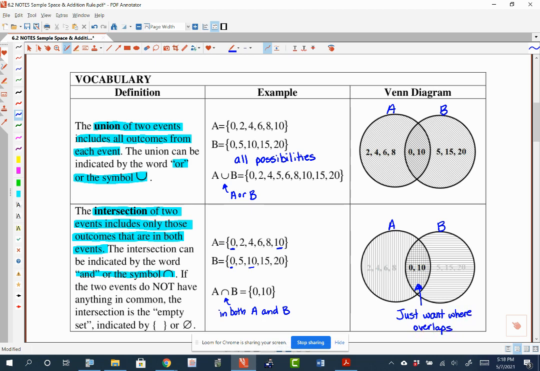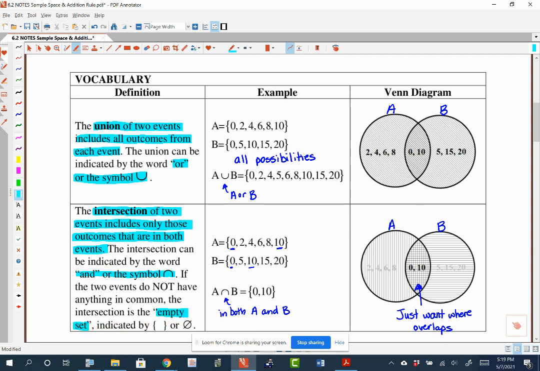So we could maybe see that two ways. So sets of data can be, we're looking for the union, all the possibilities. Maybe we just want the intersection, maybe what they have in common, but not always do they have something in common. So if the two events do not have anything in common, the intersection is called the empty set.